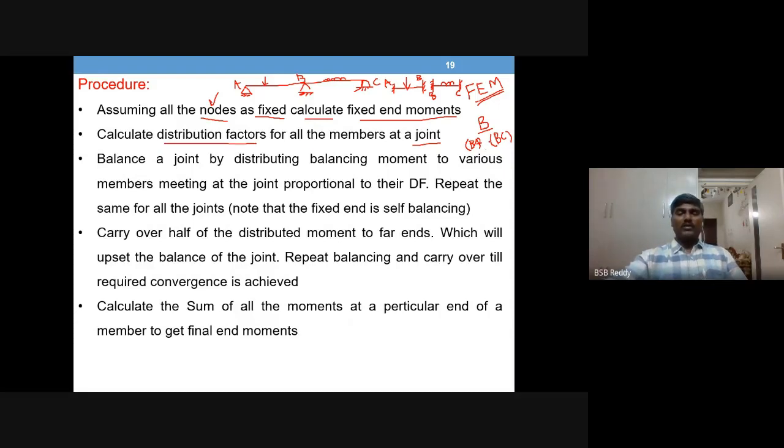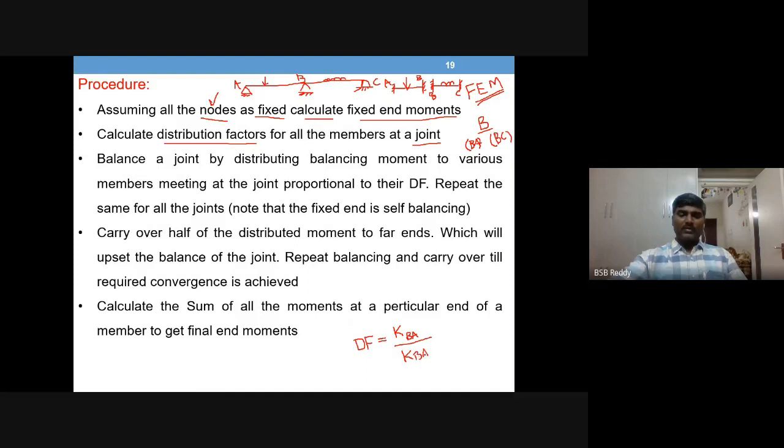So how to calculate the distribution factor? Before you calculate it, what do you need? The distribution factor formula requires the stiffness of that particular member divided by the stiffness of the joint.